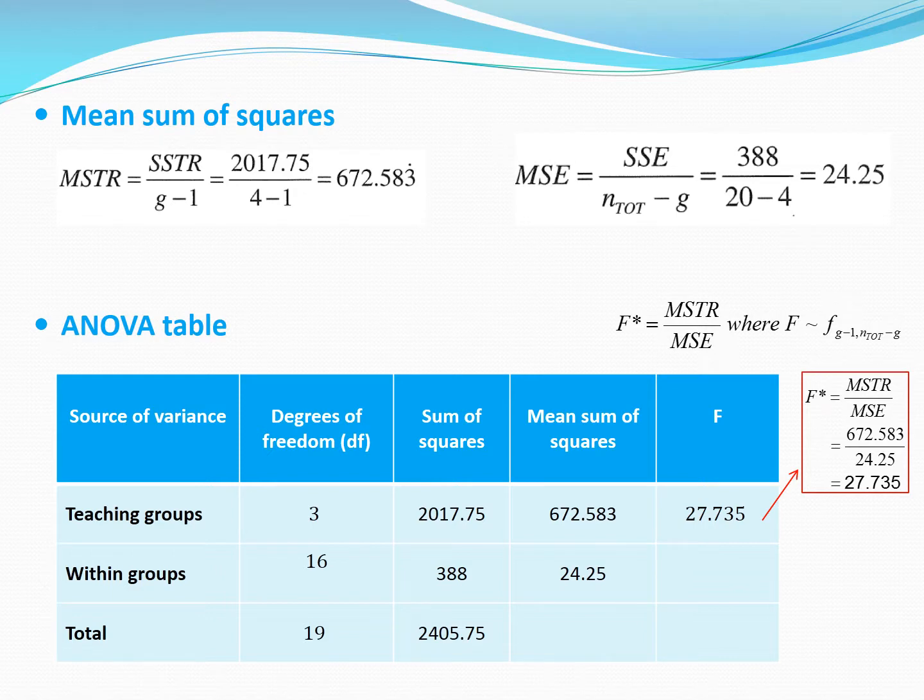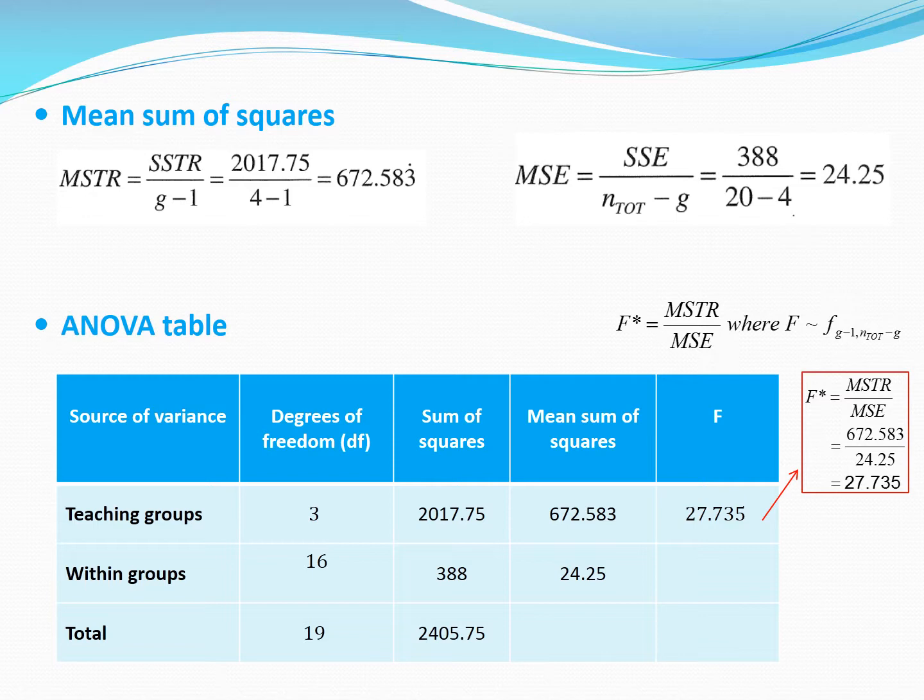Next, we can calculate our mean sum of squares. So we already calculated the error sum of squares in the previous slide. So you simply take that value and you will divide that by your treatment degrees of freedom, which was 4 minus 1, and that will give you your mean treatment sum of squares. Then we can calculate our mean error sum of squares.